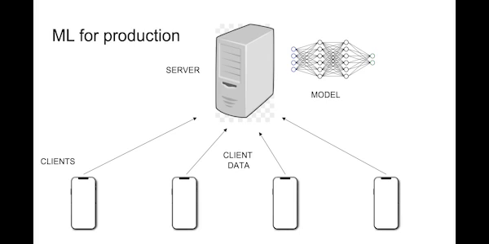Here we deploy a machine learning model to a server, and each of the clients in the protocol sends in their own private input data to that server in order to run this machine learning algorithm. And once this model actually runs over that particular client's data, that client could extract the predictions that were generated in that server.